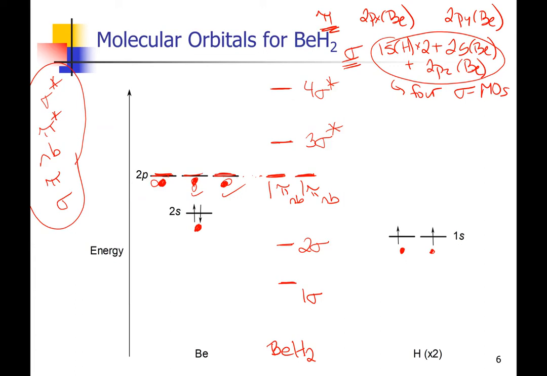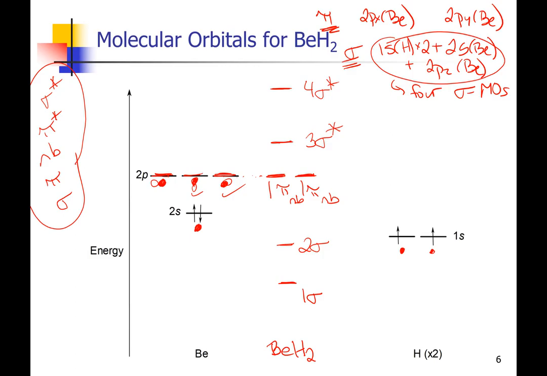Similarly, 3 sigma star antibonding, its energy should be on average higher than the atomic orbitals which made it. So this is a reasonably good guesstimate as to where the energy levels ought to fall.